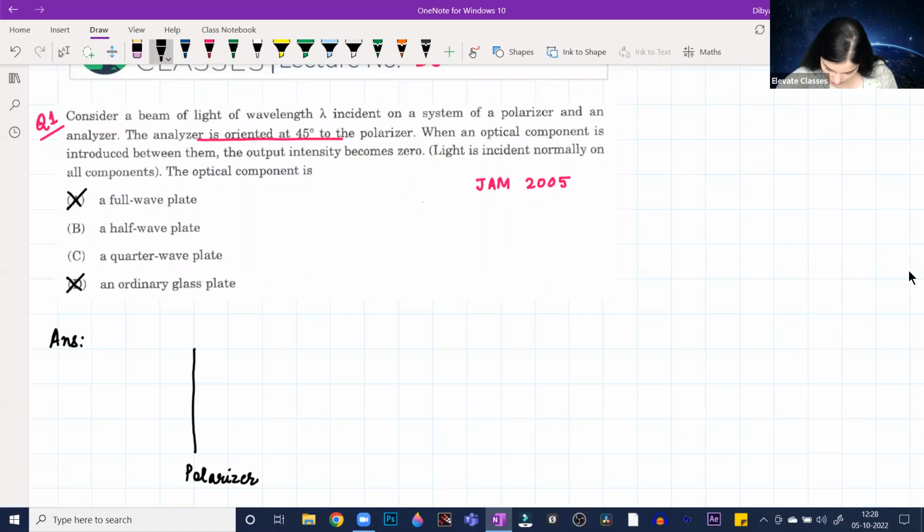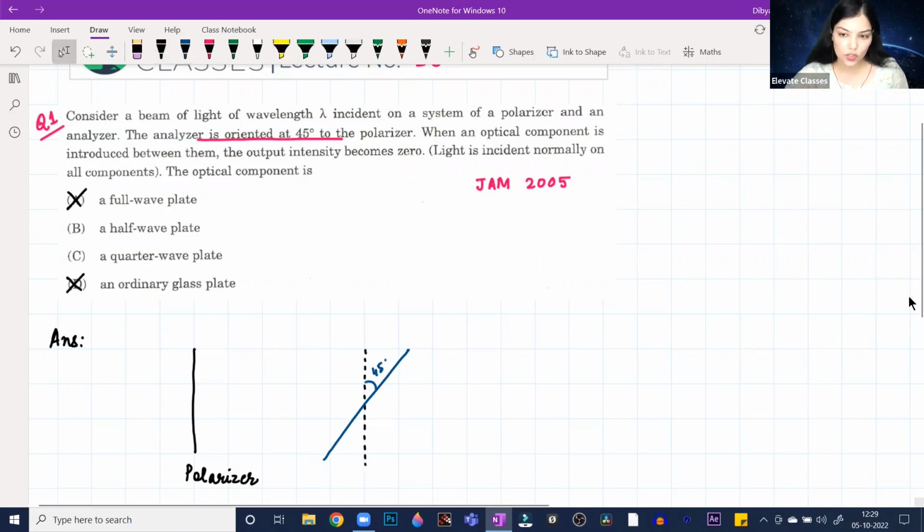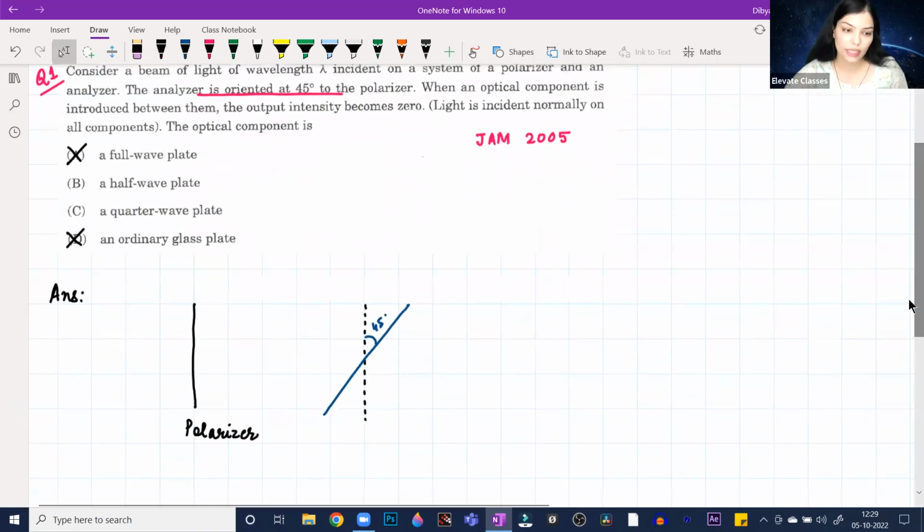So the polarizer's axis is this. Now the analyzer's axis is something like this, making a 45 degree angle with respect to the pass axis of the polarizer. Okay, so this is the initial condition given in the question.